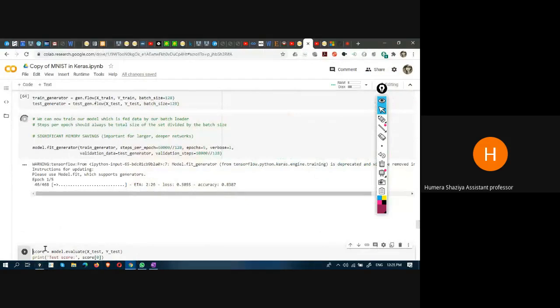Look at this, it's taking more time because of the convolutional neural network. I will explain it in detail in upcoming classes.